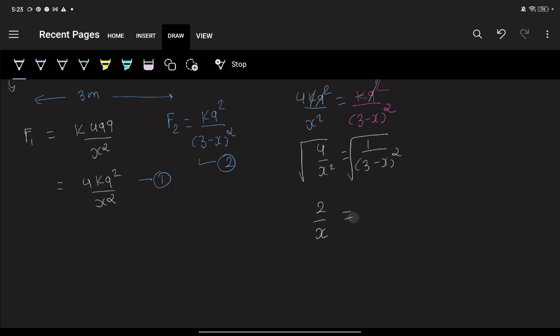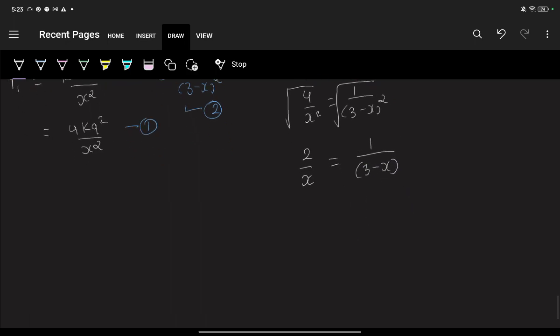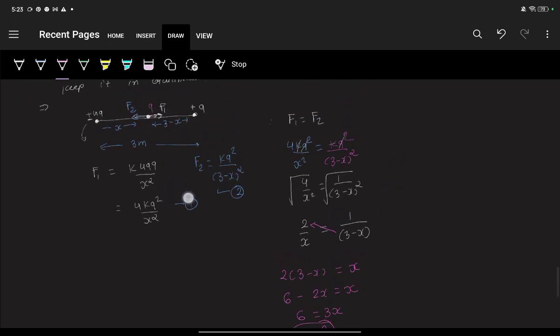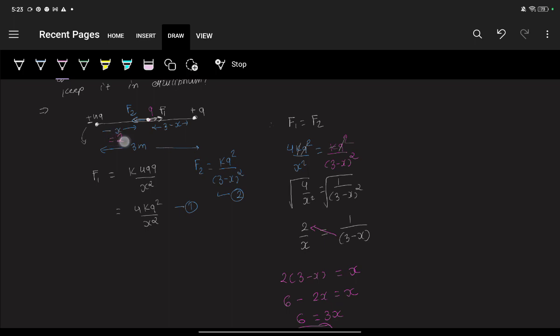So it will be 2 by x is equal to 1 by 3 minus x. Understood? Now just multiply this 3 minus x with this 2. It will be 2 into (3 minus x) is equal to x. That means 6 minus 2x is equal to x. So 6 will be equal to 3x. That means x will be equal to 2. So the answer will be 2 meter from the 4q charge and 1 meter from the other. Understood?